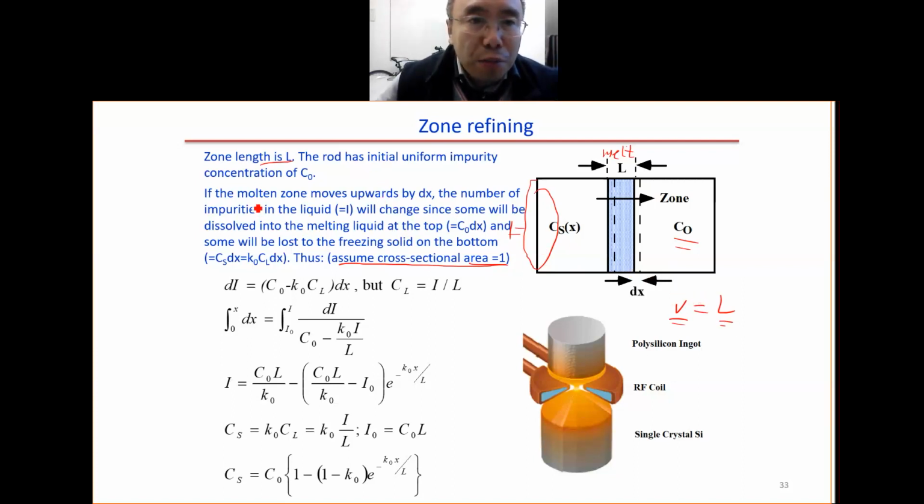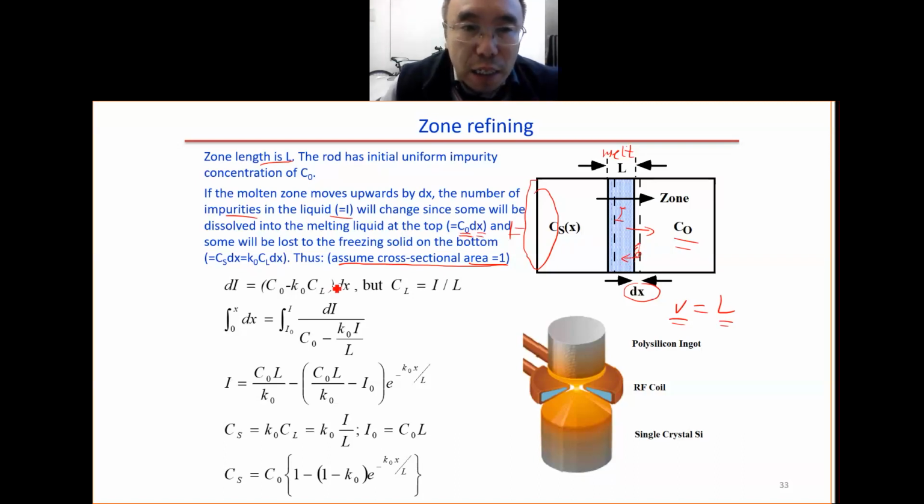Now we assume that the molten zone moves upward by dx, that means the molten zone moves to the right by the amount dx. Then we want to know the number of impurities in the liquid. What is the change of I in the liquid? This part of the dopant will get into the liquid, and this is given by C0 dx.